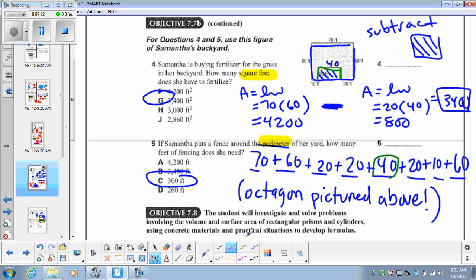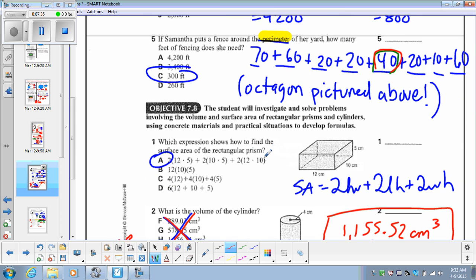And if you're unsure how I got it, 70 up top, subtract 20 would be 50, and subtract 10 more would be 40. Or sorry, 70 here minus this 30 means this has to be 40. That's what I was trying to say. So that's how I got the 40 right there.